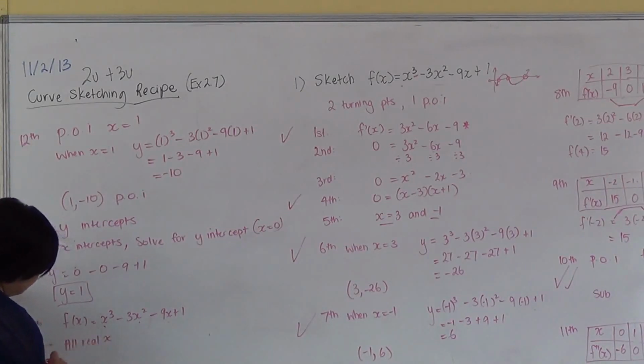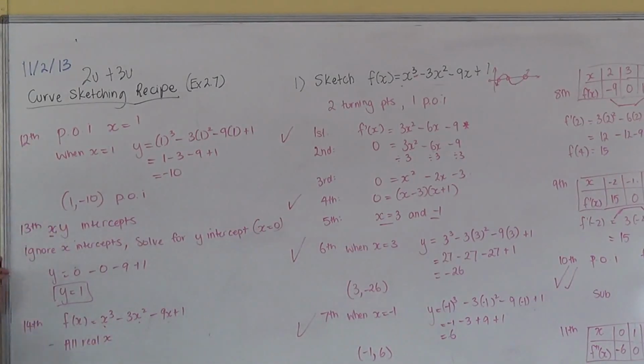Usually restrictions occur when you have a denominator that you can't make equal to 0, or anything inside a radical or surd symbol, because surds can't be negative for real solutions.